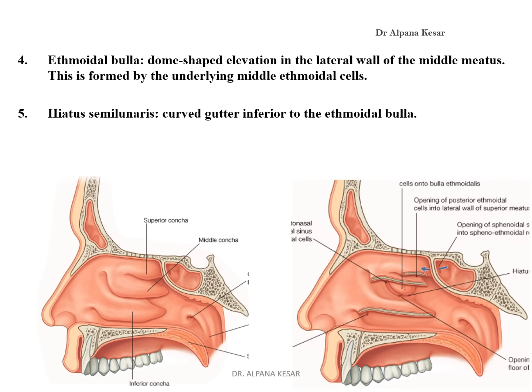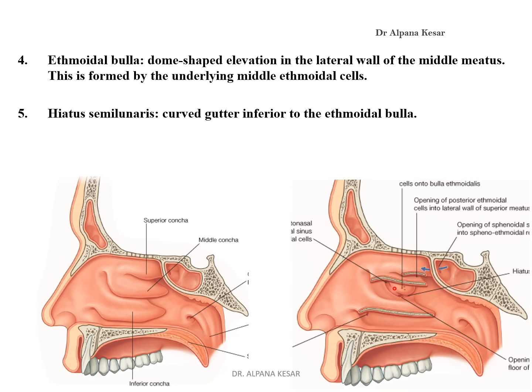Other than the conchae and the meatus, in the lateral wall of the nose is present yet another structure called the ethmoidal bulla. This is the ethmoidal bulla. It's a dome-shaped elevation present in the middle meatus. It is formed by the underlying middle ethmoidal air cells.